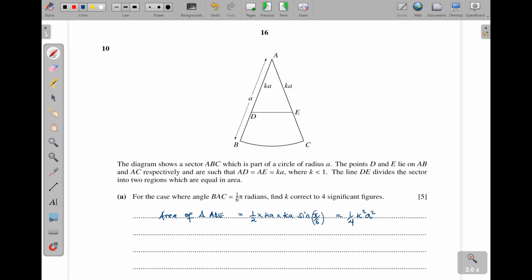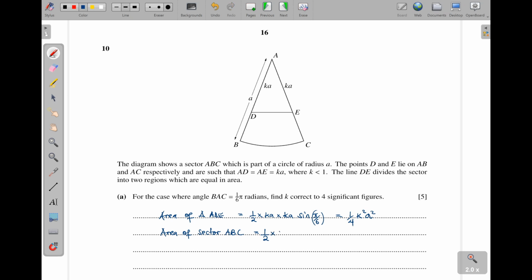Now, we also need to get the area of this big sector, because for us to get the area of this one, I'll get the area of the big sector here minus the area of this triangle, okay? So area of sector ABC. Remember, area of the sector is a half r squared theta. So we shall have a half, the radius is this A here.